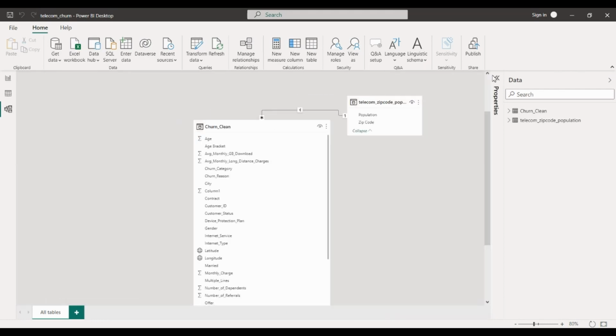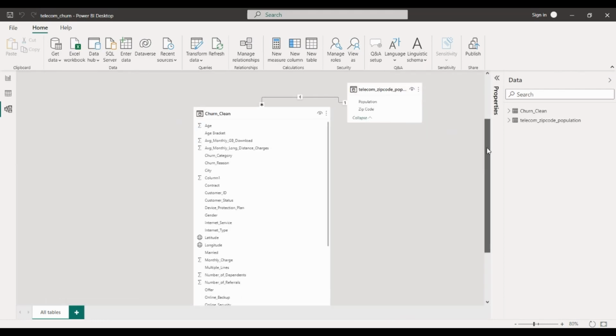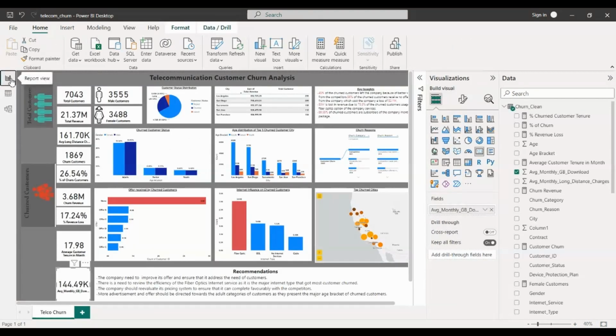Cardinality, or entity relationship, is basically the uniqueness of a column in a table. So we further move into the dashboard or report. In the dashboard, I divide the total dashboard into two parts.